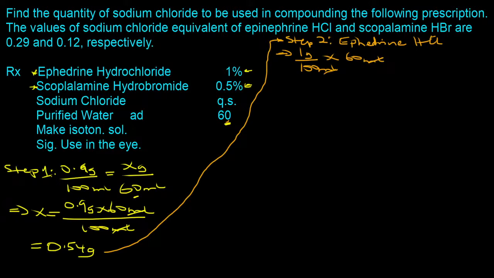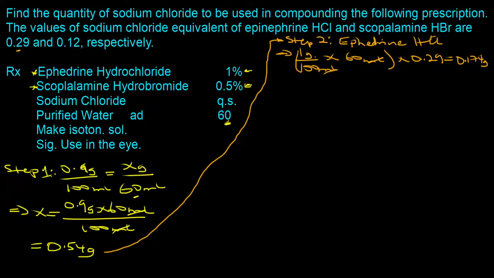This will give quantity in grams. Then we multiply all of this by its E value, which is given as 0.29. And that is going to be equal to 0.174 grams.